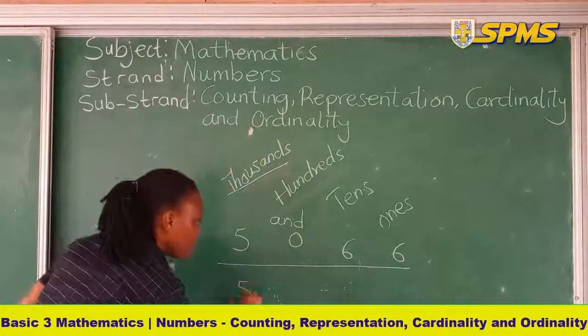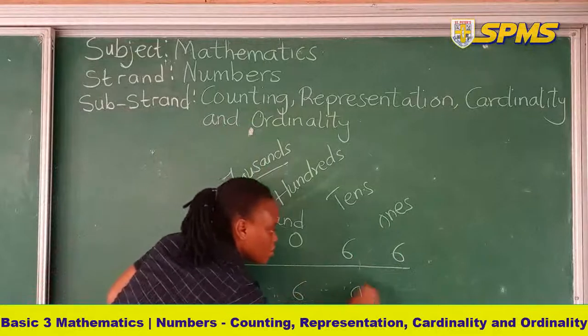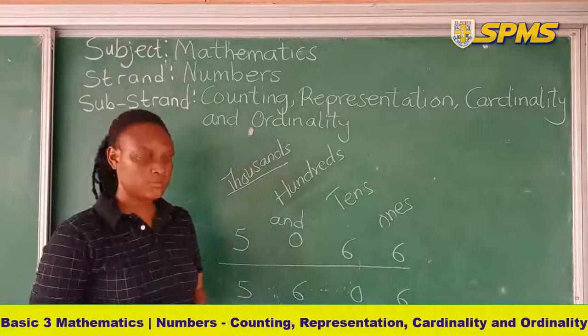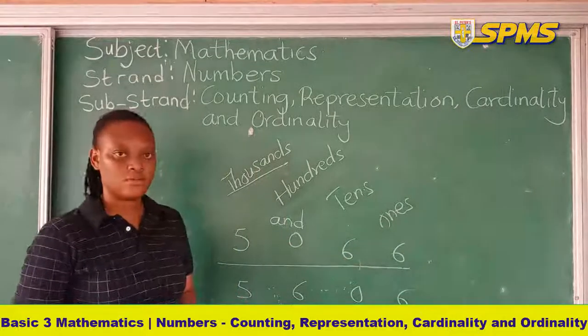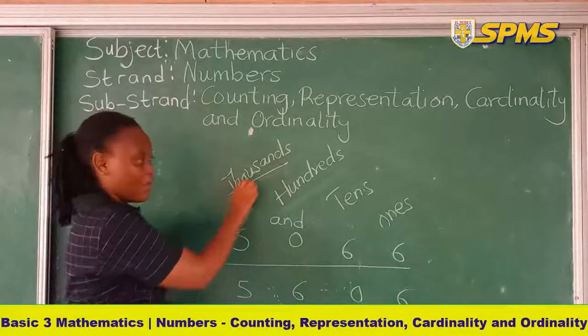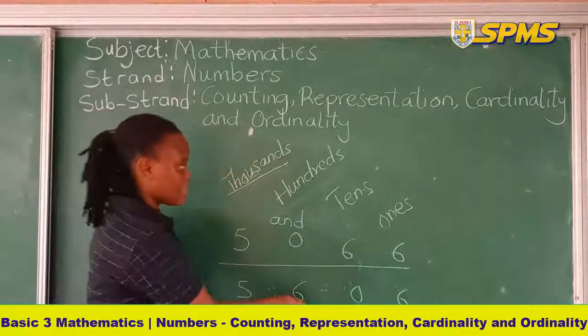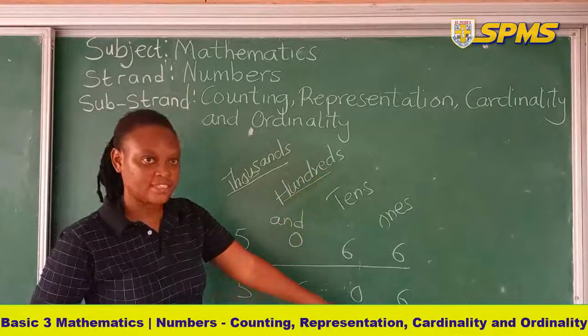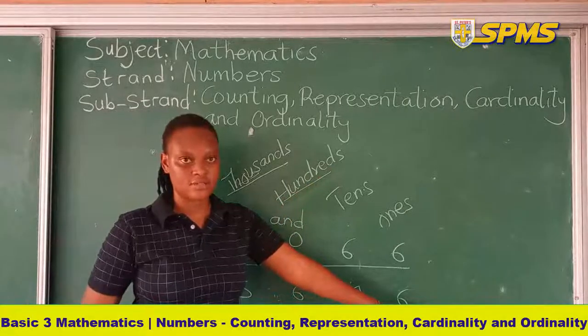Assuming our 5 is under the tens column, we have 5,605.